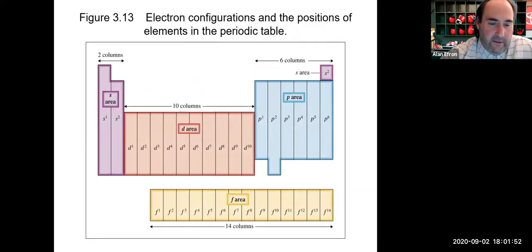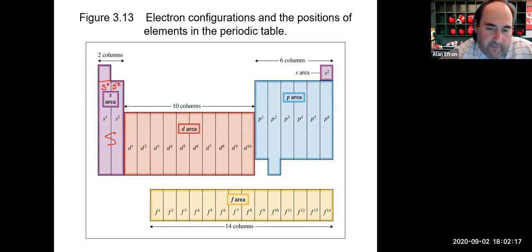Now, when we look at the periodic table, there actually are blocks on the periodic table. When you look at the first two groups, that is the S block. And if you remember, S could hold 2 electrons. If you look here, this is S1 and S2.